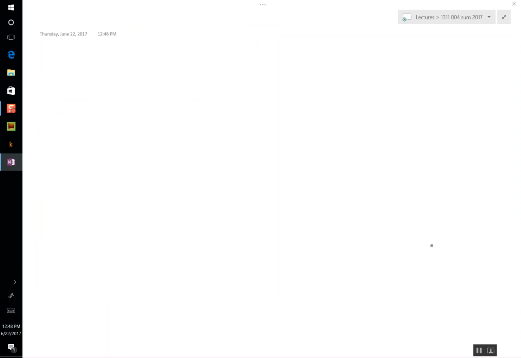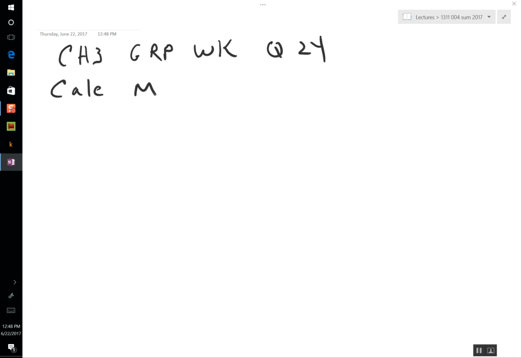I'll title this Chapter 3, Group Work, Question 24. Is that right? Oh, let's see. Calculate the molarity. I'm going to shorthand this a little bit.